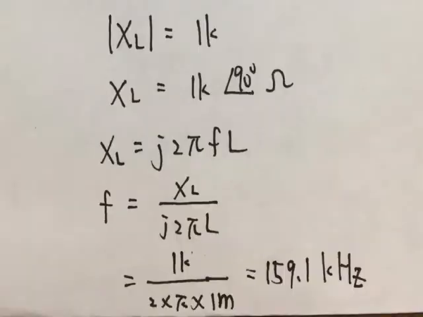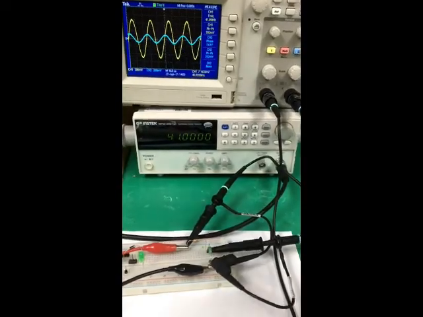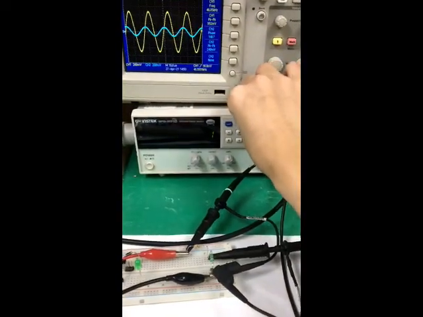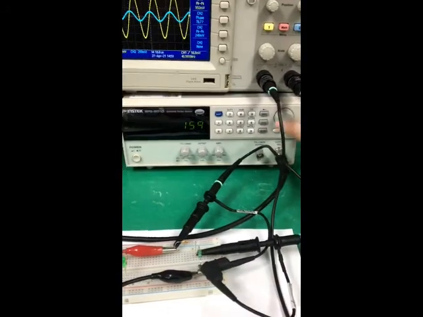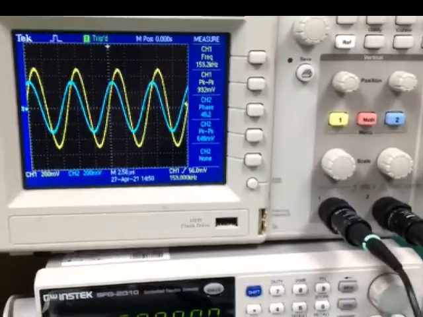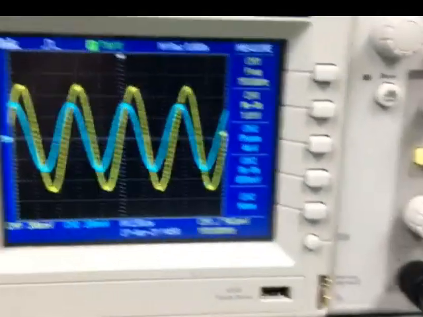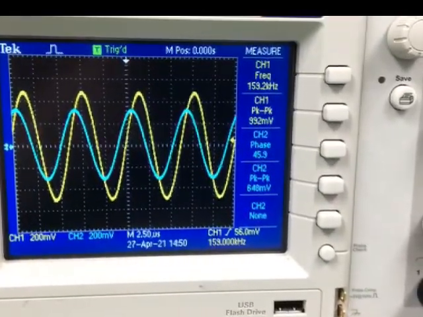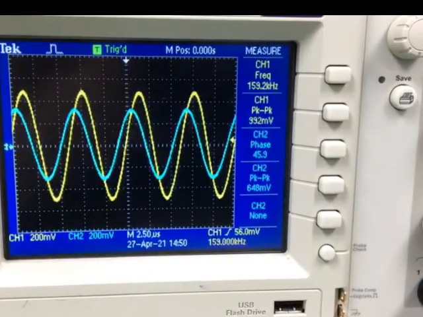Here is the step. You can see the phase difference between the source voltage and the voltage across VL equals 45 degrees.